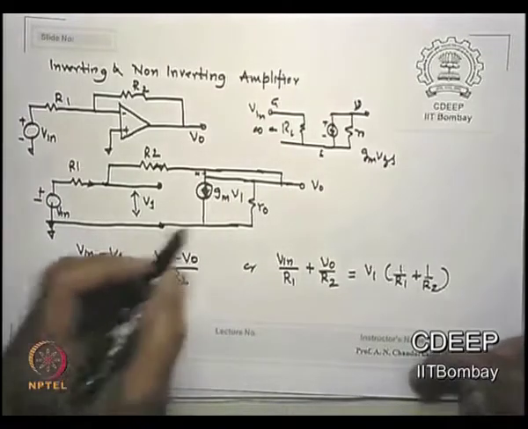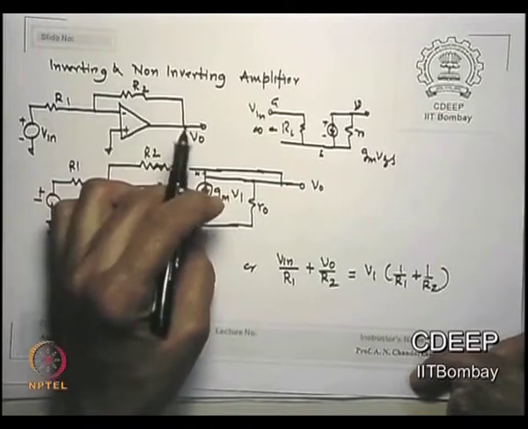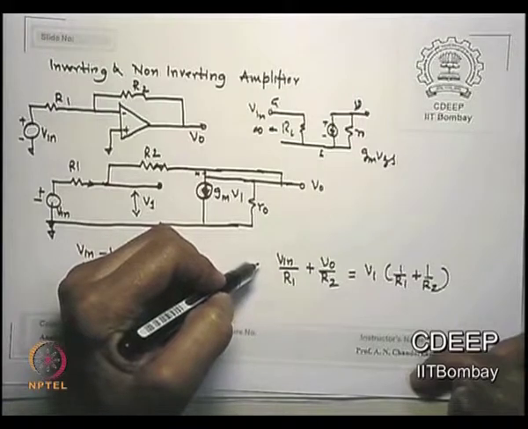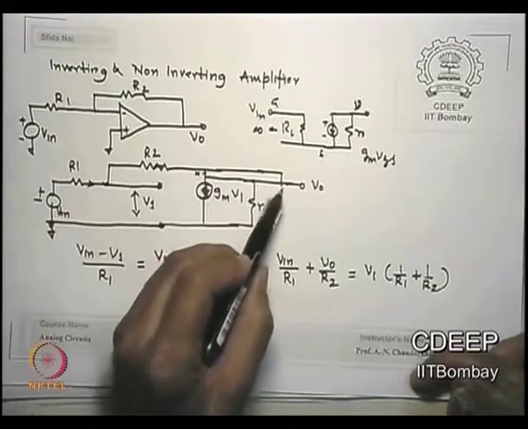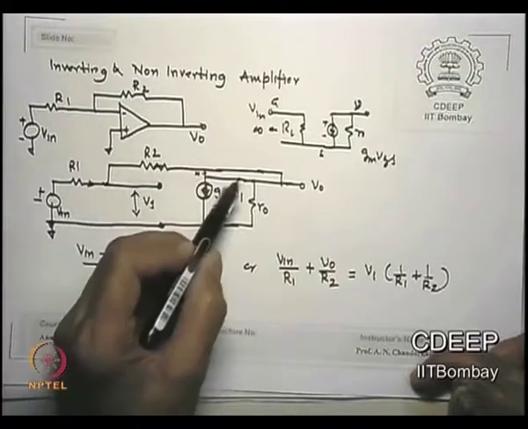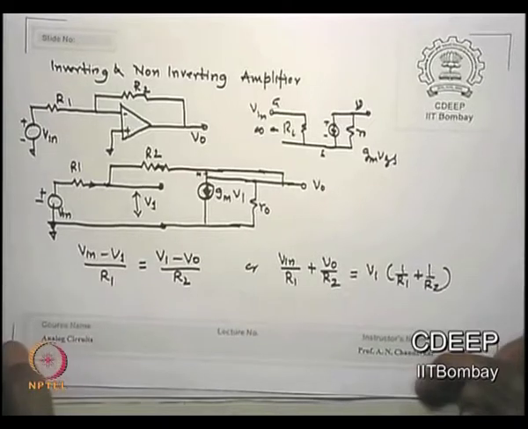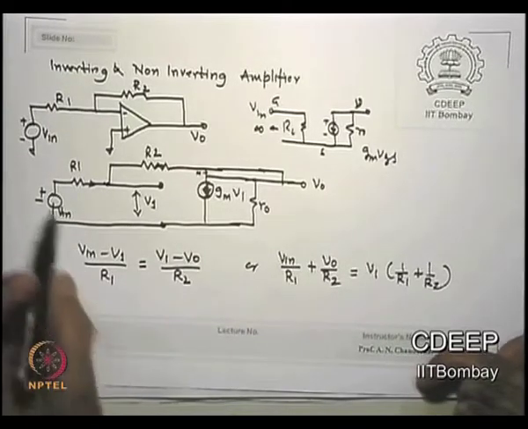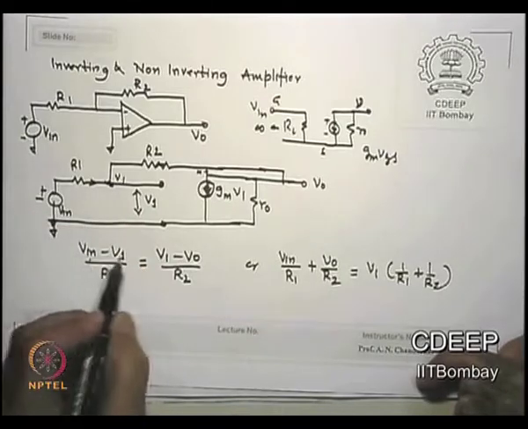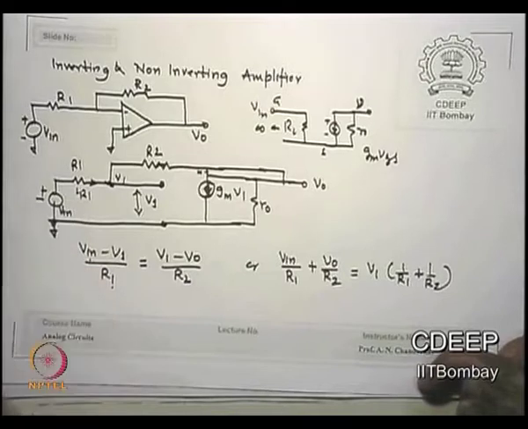So we are saying GM V1, which is VGS for us, is equal to GM V1 shunted by R0, which is the output resistance of the amplifier, and a feedback resistance of R2 connecting between gate and drain, equivalently same. So if I solve this, Vin minus V1 by R1 is this current IR1, is that correct?